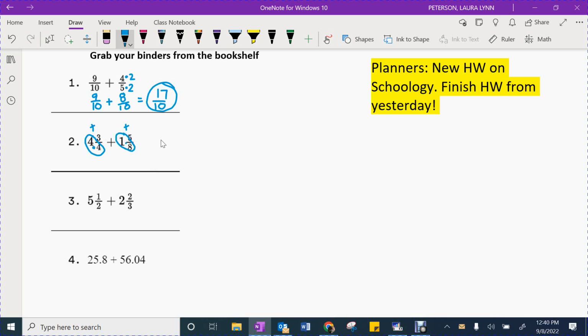So to save myself a little bit of time, what I end up getting is my first fraction becomes 19 over 4 plus 13 over 8. Now I can get a common denominator. Now the common denominator between 4 and 8 is 8. So I have to multiply the first fraction by 2 to get to 8.